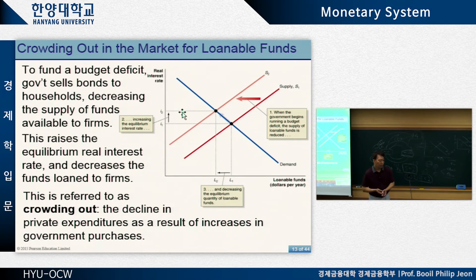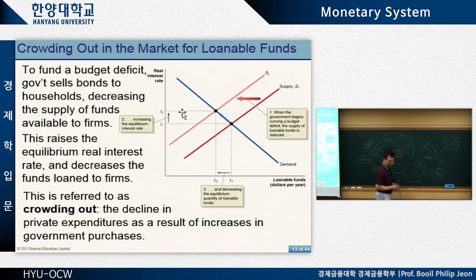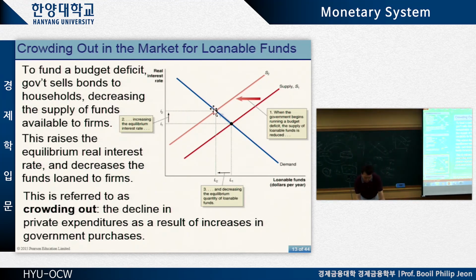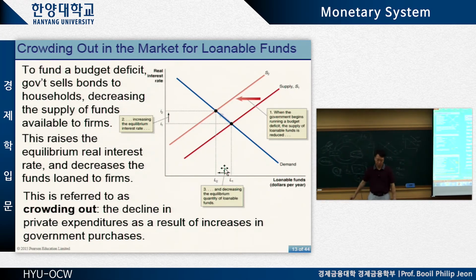So the amount of investment, the saving will always equal investment again, right? So from L1, it's going to go down to L2. But that means the amount of investment made by the businesses will be smaller.